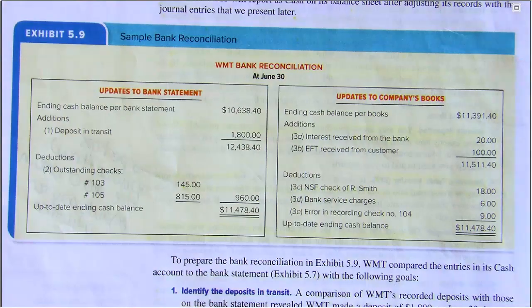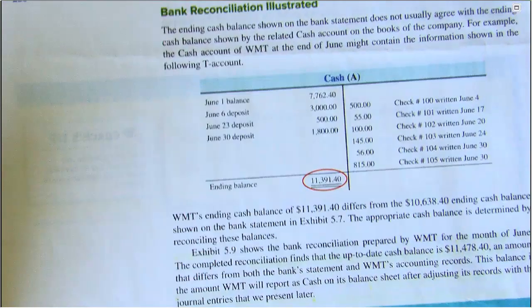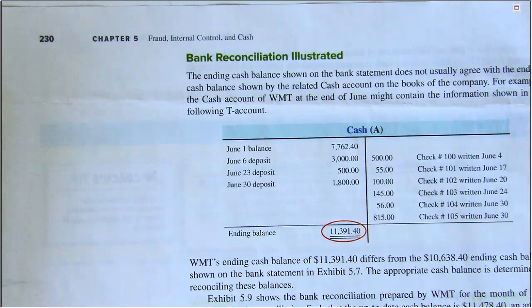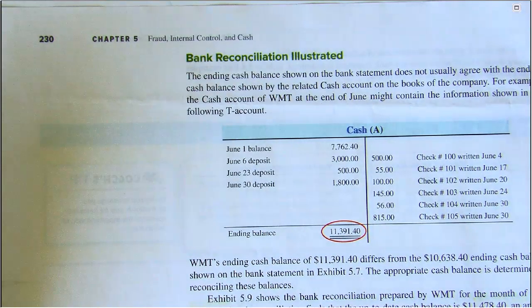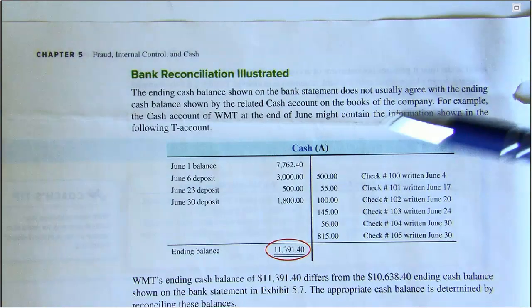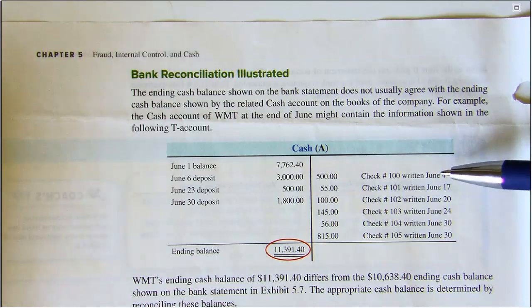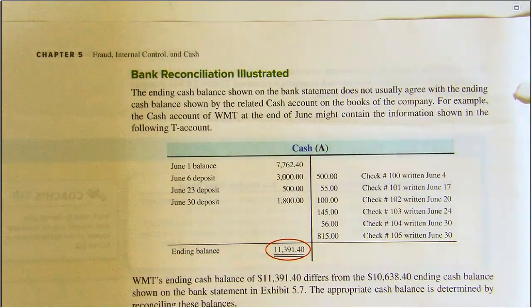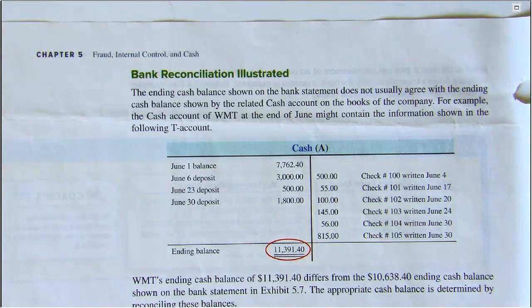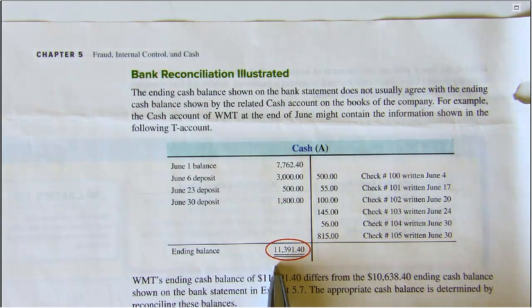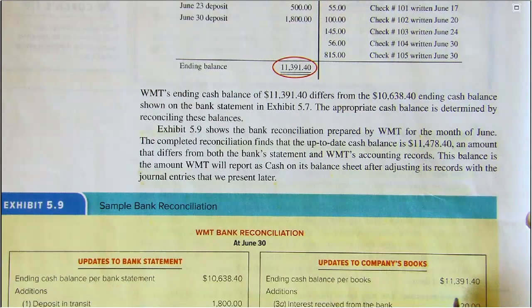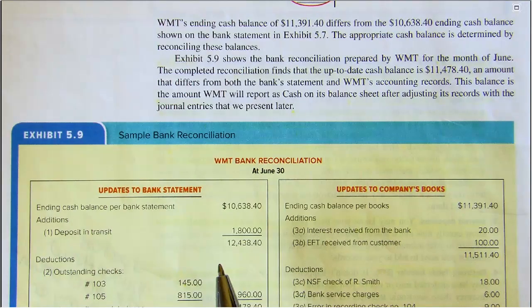Okay, so on page 230 of our text, we have our reconciliation filled out, but we also have our T account here. So this would be our cash T account listing all of our transactions. We're going to be performing the reconciliation as of June 30th. So we will take our June 30th ending balance, $11,391.40, and we will put that on our reconciliation.